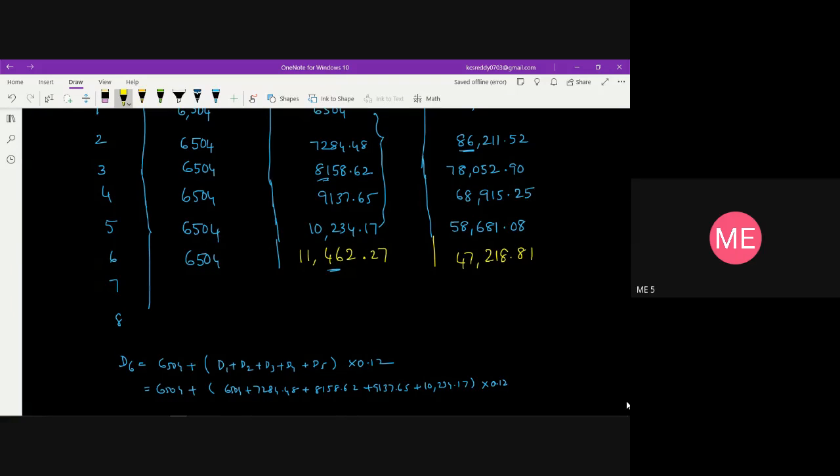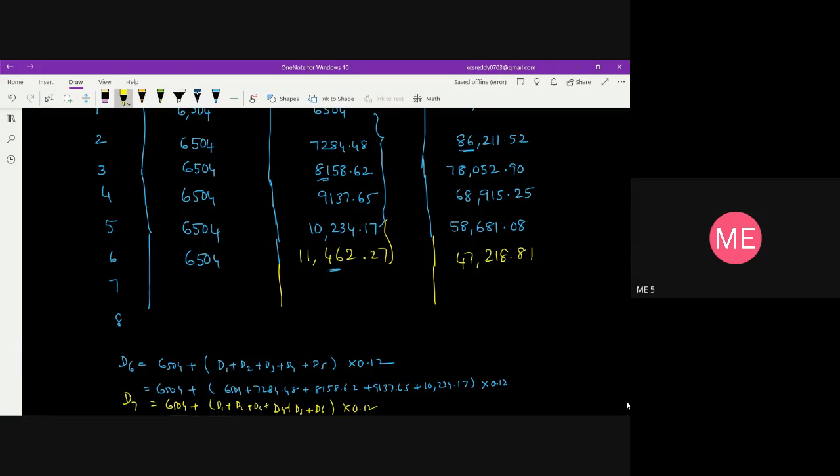Similarly, for the 7th year, D7, the equation can be written as 6504 plus D1 plus D2 plus D3 plus D4 plus D5 plus D6 into 0.12. So you add all these things into 0.12, which will give the depreciation at the end of 7th year.